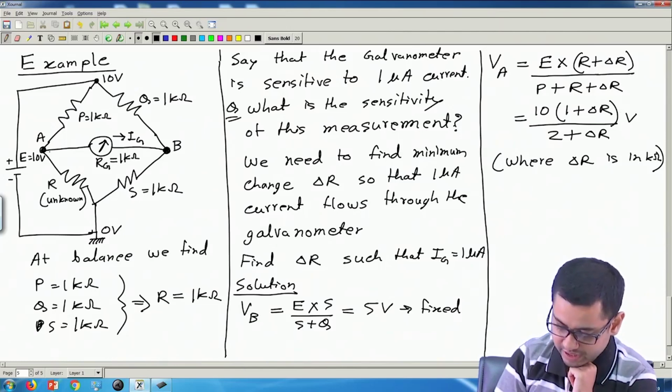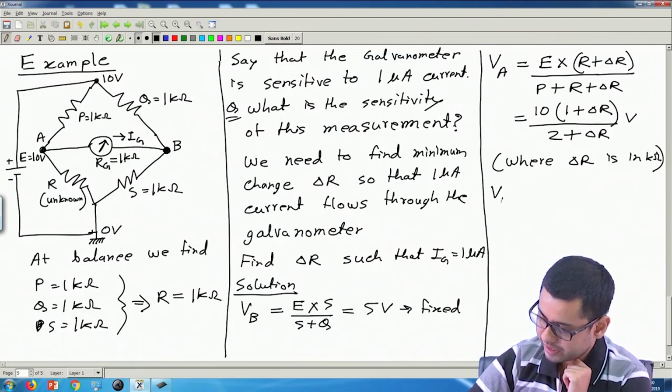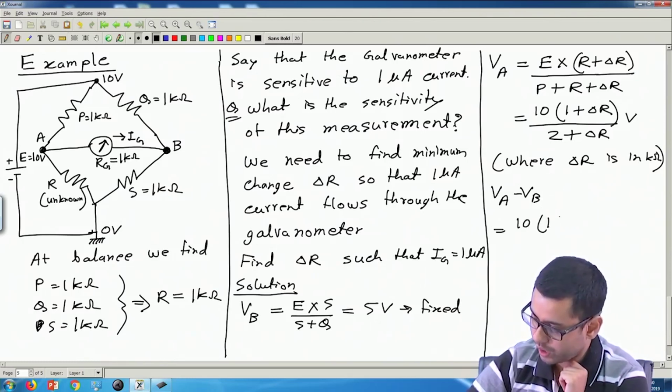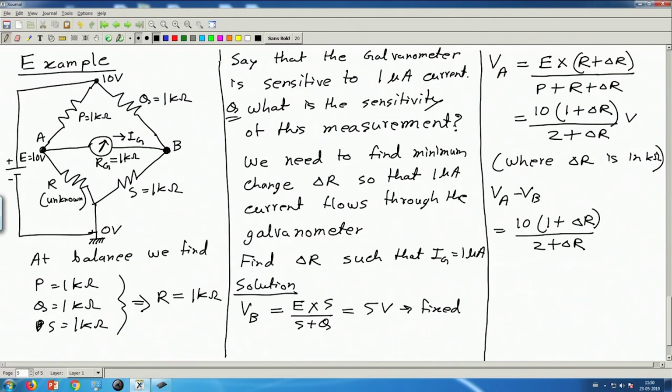Now what is the potential difference between A and B? So VA minus VB will come out to be 10 into 1 plus delta R divided by 2 plus delta R, and VB is 5 in volt.